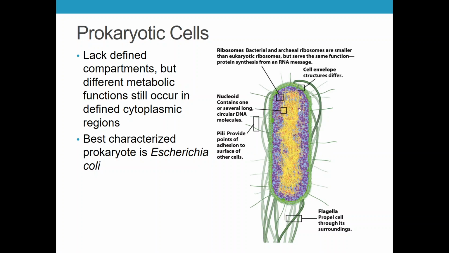In fact, if you look at just a schematic of E. coli, Escherichia coli, you'll find that there's not a nucleus, but your genetic material still sequesters to form what is called a nucleoid. So there is still some compartmentalization in prokaryotic cells, but it just doesn't look exactly like it does in a eukaryotic cell.